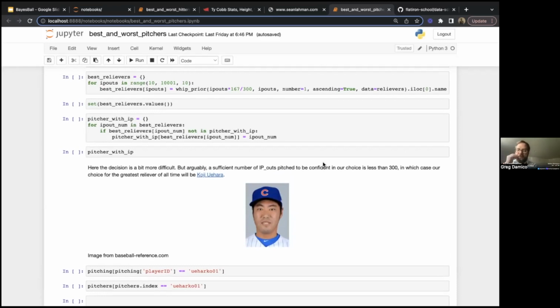So to deal with him, we would need something a little more sophisticated. Probably we would say, what we really want is a sufficient number of at-bats, maybe per year or even per game, because pitchers tend to have very few at-bats per game or per year.